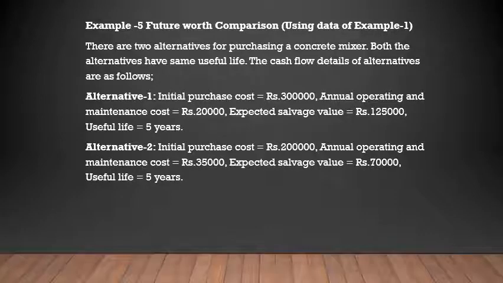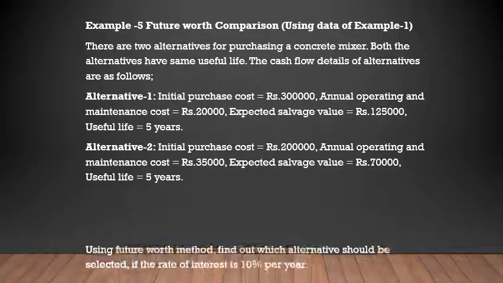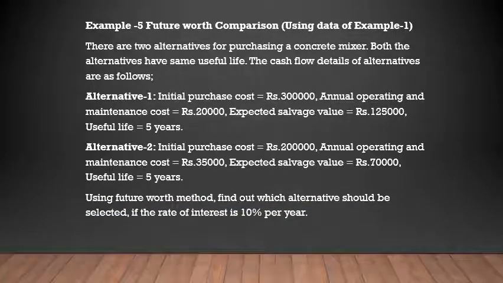Alternative 2 has initial cost of 2 lakhs, annual maintenance and operating cost of 35,000, salvage value of 70,000, and useful life of 5 years. We will compare the alternatives based on the future worth method.